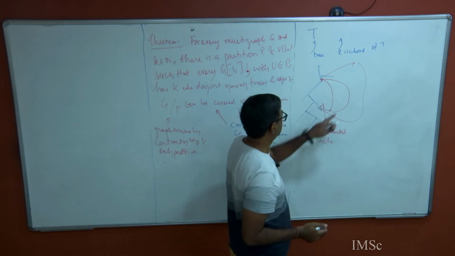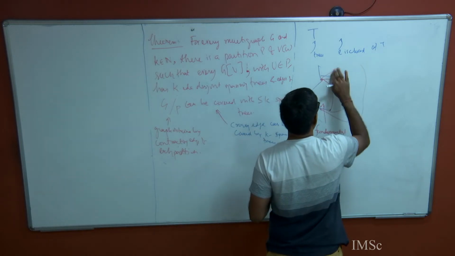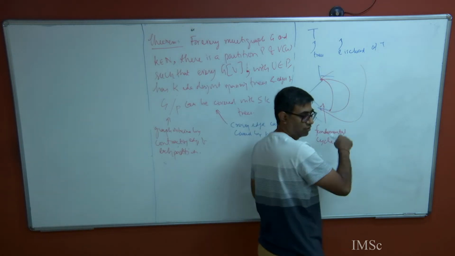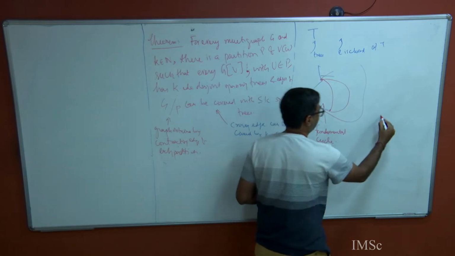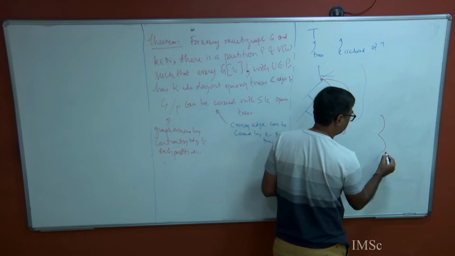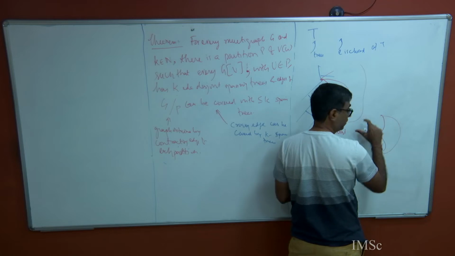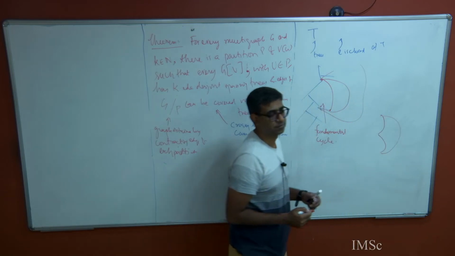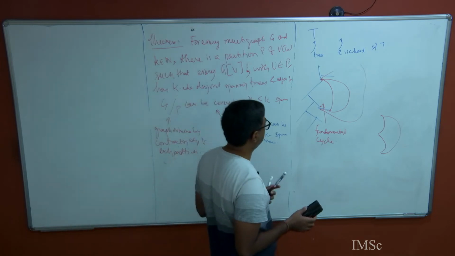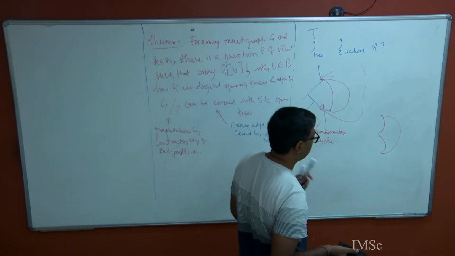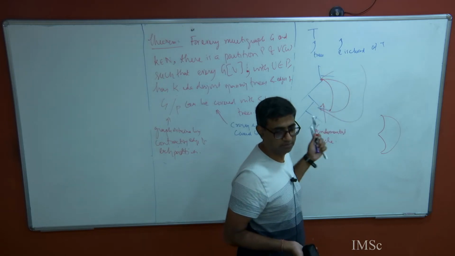If I look at this common path, this is a fundamental cycle, but when I look at these, it's not a fundamental cycle. So basically every cycle that contains exactly one edge outside the tree is a fundamental cycle.